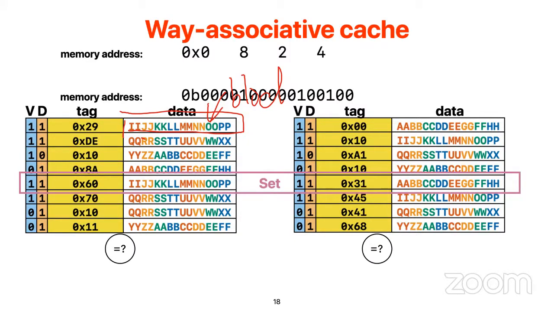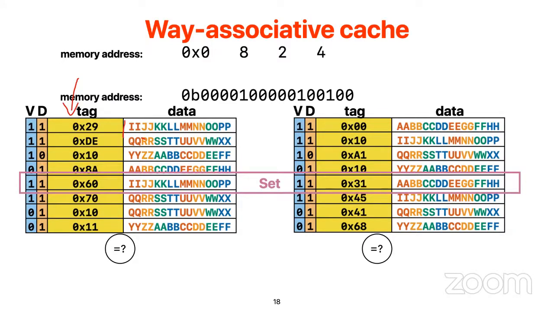But the more complicated thing is, how do I know if the blocks that I have in a cache are what I am looking for? So you need a tag attached to each block, and a tag is basically the upper bits, or say the common parts, of the addresses in your data block.